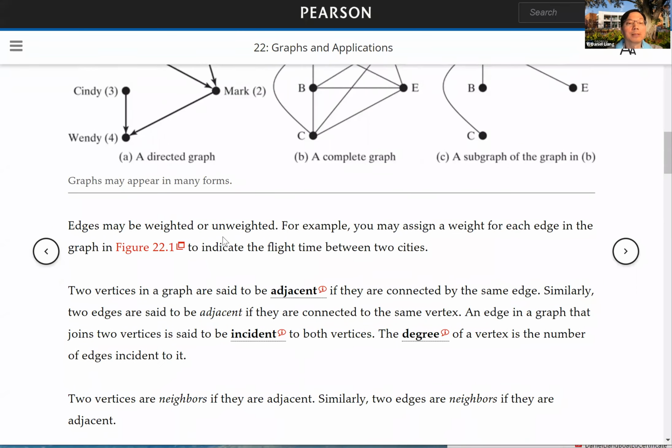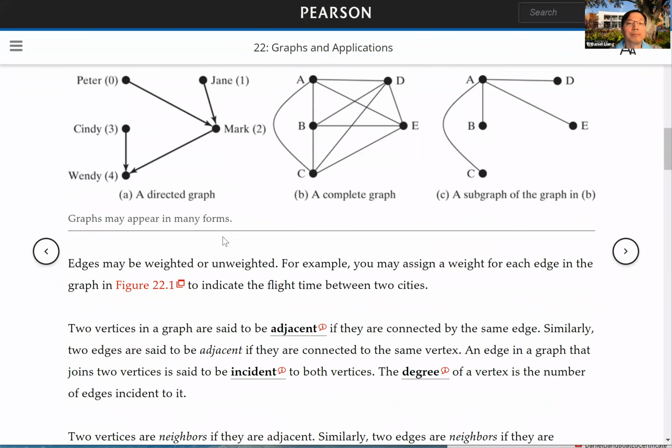Two vertices in a graph are said to be adjacent if they are connected by the same edge. So here, A, D are adjacent. Similarly, two edges are adjacent if they are connected by the same vertex.